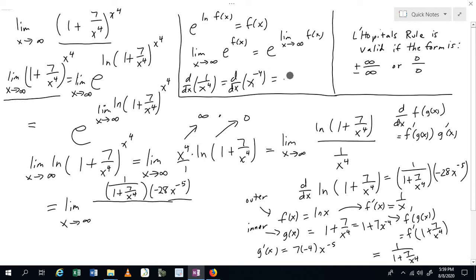And so the derivative would be negative 4x to the negative 5. Okay, so that's the derivative of the bottom function here. Now notice the x to the negative 5 cancels out. That's really nice, right? And then here, negative 28 over negative 4 is just 7.